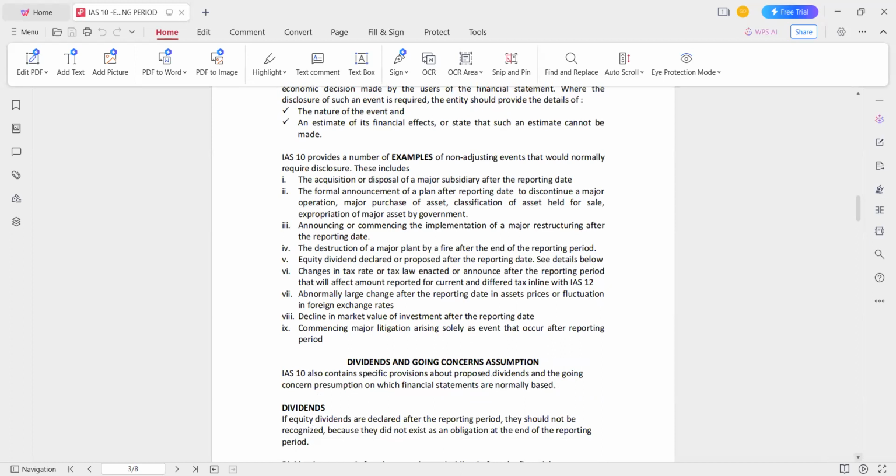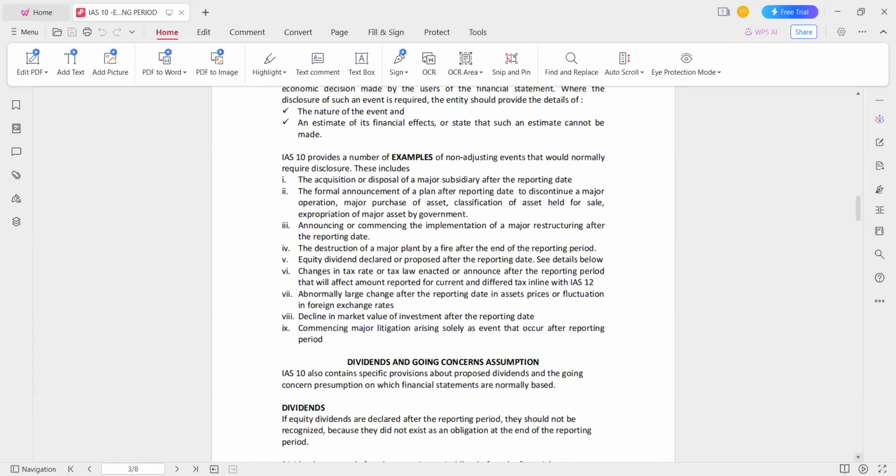One, we see the acquisition or disposal of a major subsidiary after the reporting period. When you acquire a new subsidiary or dispose of one of the subsidiaries of the company, then that needs disclosure, because this does not give evidence at the reporting date, but the event happened after the reporting date.